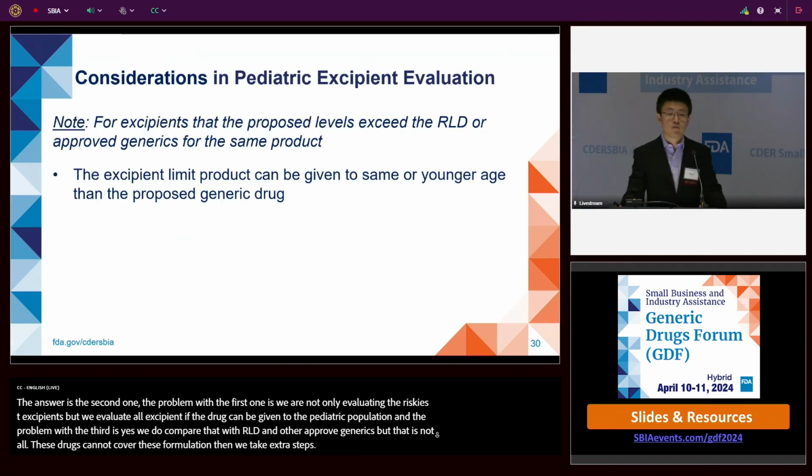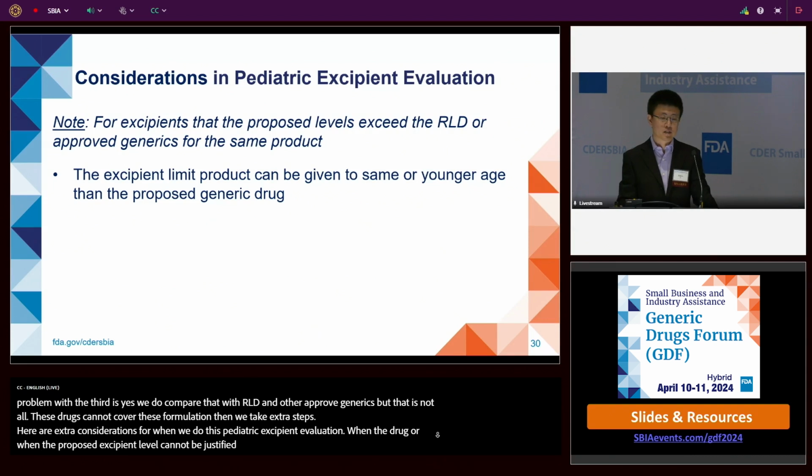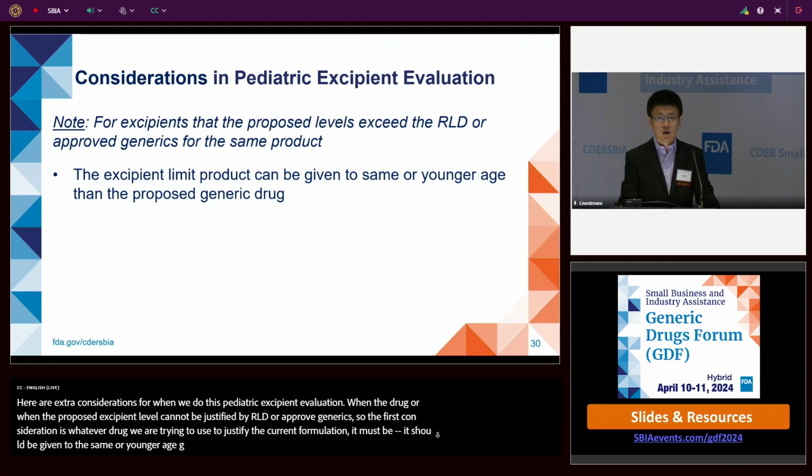There are a couple of extra considerations when we are doing this pediatric excipient evaluation, when the proposed excipient level cannot be justified by the RLD or approved generics. The first consideration is that whatever drug we are trying to use to justify the current formulation should be given to the same or even younger age groups, based on the rationale I provided before.